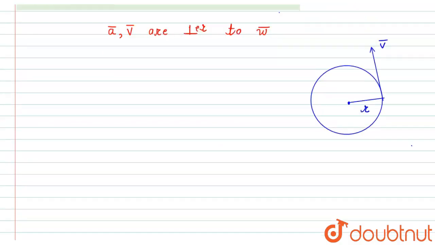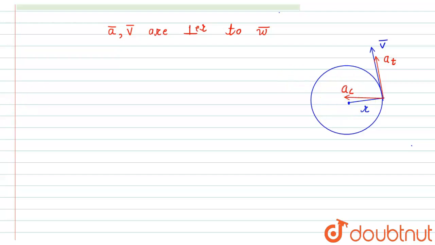Now in non-uniform circular motion there will be two types of acceleration. One will be toward the center of the circle, and another will be tangential to this circular motion. Okay, so this acceleration is tangential acceleration, and the acceleration which is toward the center is centripetal acceleration.